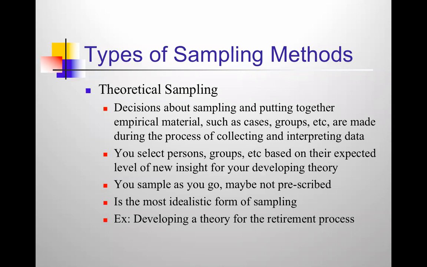So it's the results of all of those interviews alluding to, yeah, this is affecting my relationship with my spouse, that say go sample the spouses of those people who have retired and see what they have to say. So you're literally following the data analysis and interpretations, which is really interesting. So that's theoretical sampling.